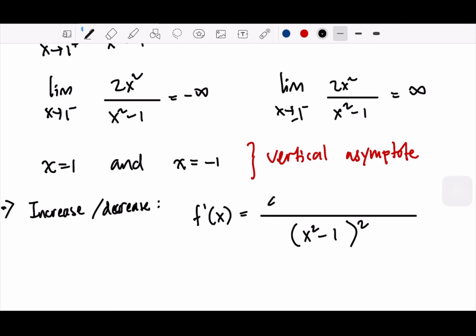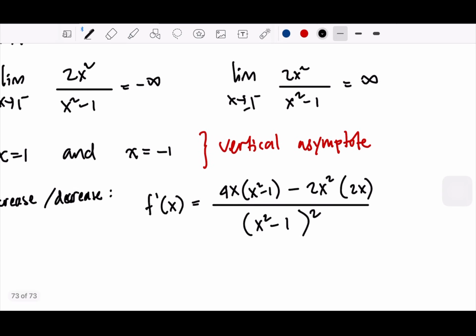So this will be 4x times x squared minus 1, and then minus 2x squared times 2x. So will be 4x cubed minus 4x cubed, and then I think it's beautifully done. We can cancel this part.